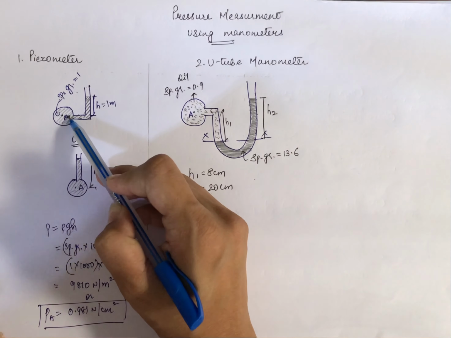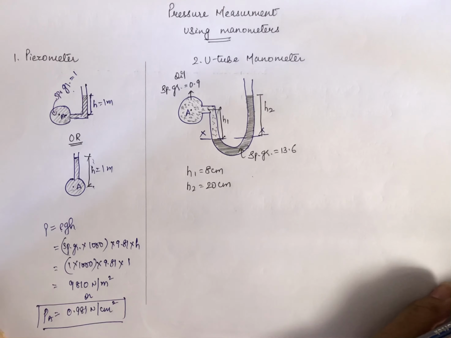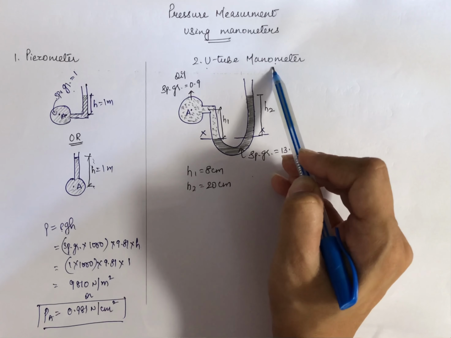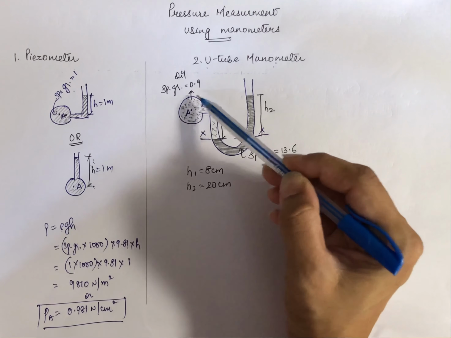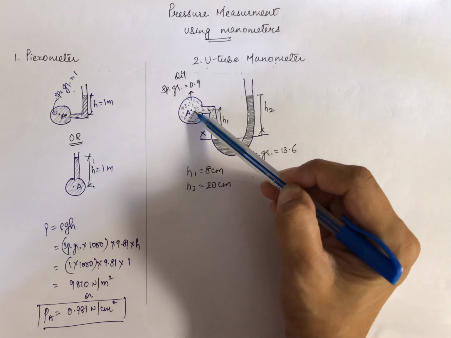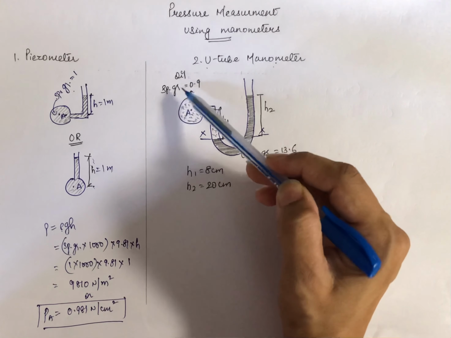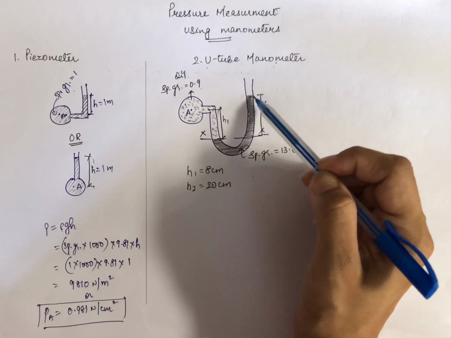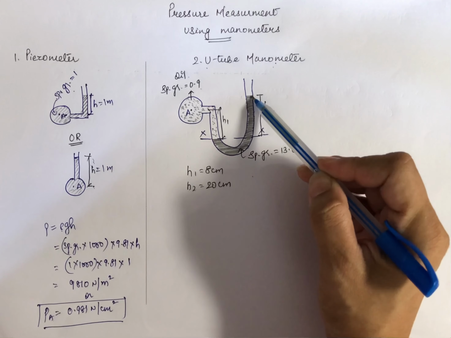Now, starting with the second kind of manometer, which is the U-tube manometer. In this kind of manometer, as you can see, again a cross section of a pipe is provided and in that pipe the fluid oil is present with a specific gravity of 0.9, and the other end of this U-tube manometer is open to atmosphere.